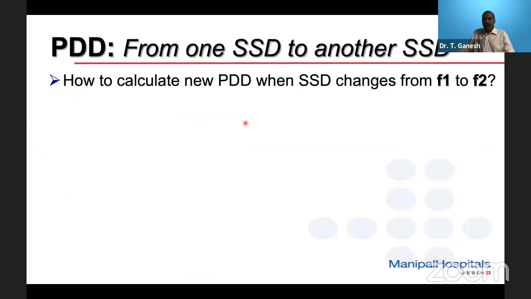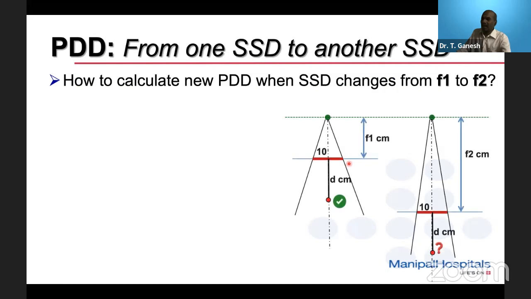Now, the question is how to calculate the new PDD when the SSD changes from F1 to F2. Generalized condition, not any specific example. So from F1 to F2, if we are going to change the SSD, how to calculate the new PDD?